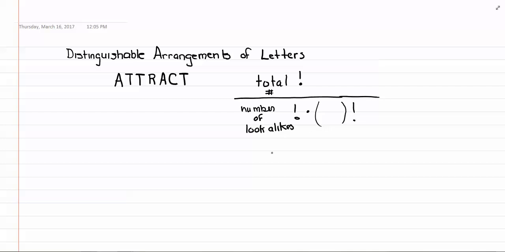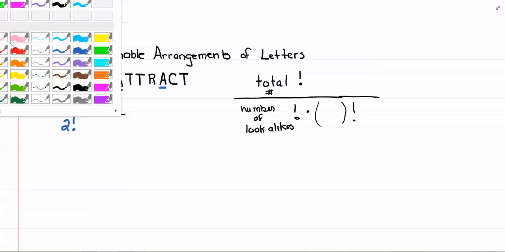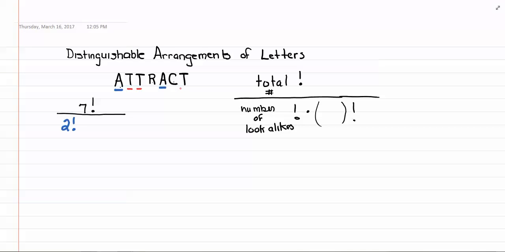All right, so for example, in this problem, there's 1, 2, 3, 4, 5, 6, 7 letters total. So it's going to be 7 factorial on top. And then I look at each individual letter, and I see that the letter A occurs twice. So I put 2 factorial down here. The letter T, I'll use a different color here, occurs 3 times.